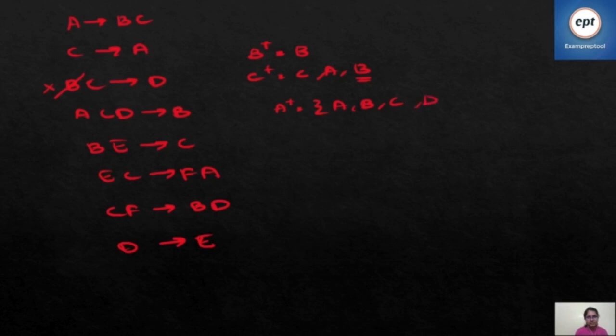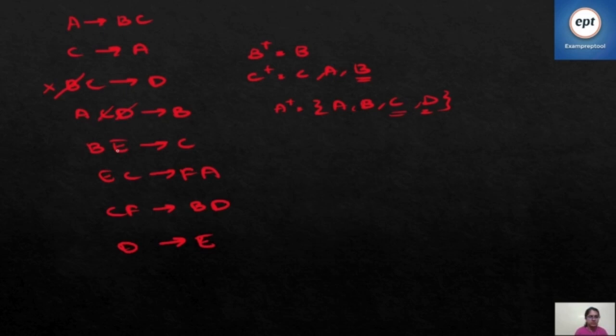So in the attribute closure of A itself, we will derive B, C and D. From C we can derive A, but if we see the attribute closure of A, C and D we can derive. So that's why C and D are considered extra attributes.